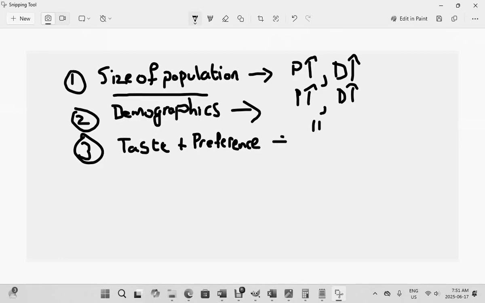So the more of the population that prefers to buy your product, and let's assume that this is a normal or luxury good, the higher the demand.